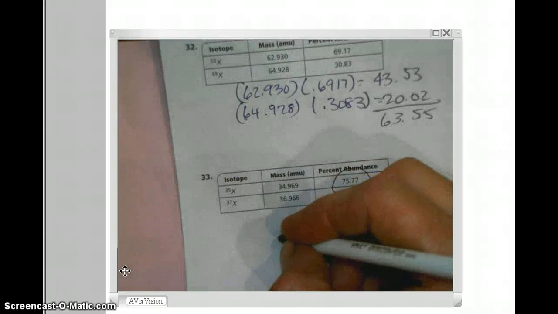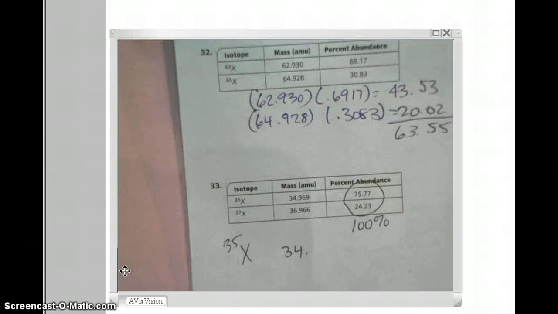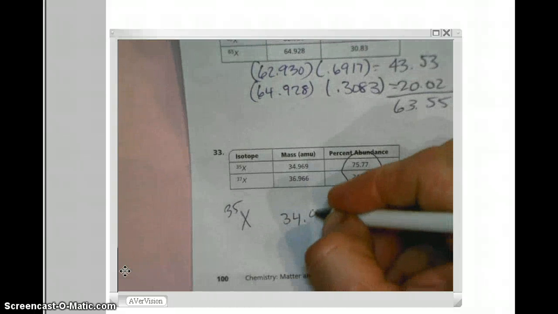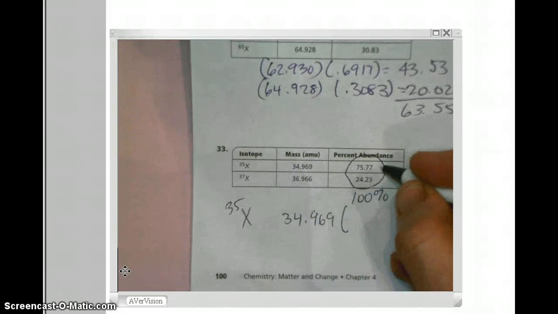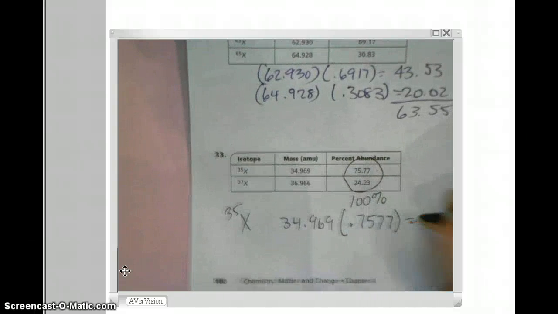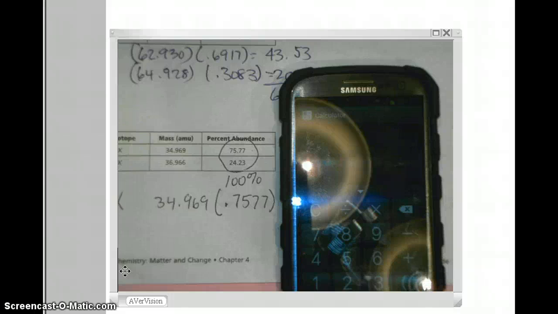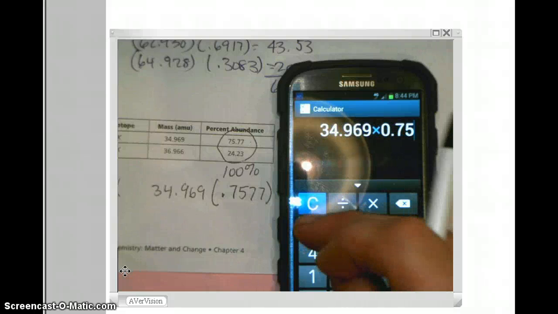So what you're going to do is take the mass of X35, 34.969, and multiply it by, now remember this is a percentage, 0.7577. Now, if you take the old trusty phone calculator, you take 34.969 times 0.7577.